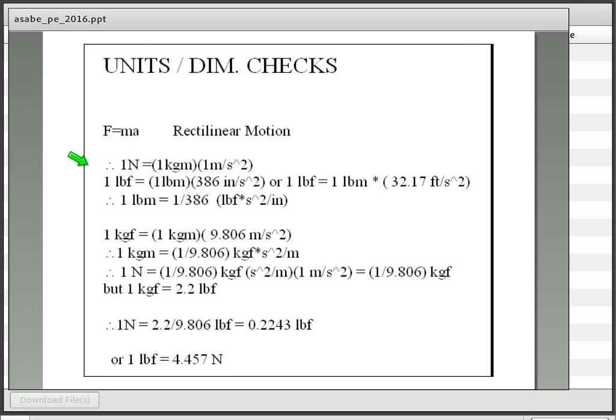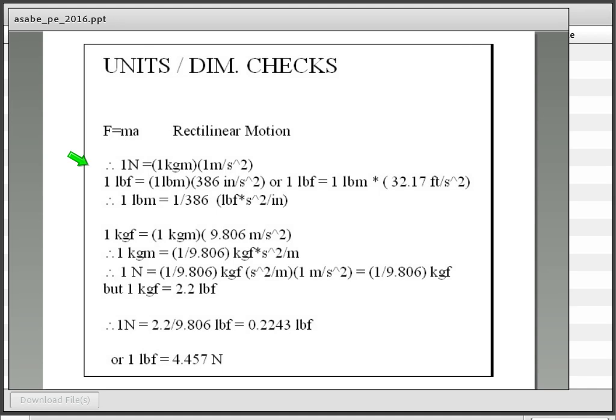So basically what would come out of this, if you had an equation where you were dealing with pounds mass, for example, a second order differential equation for vibration, where you had mass times acceleration, but you wanted all your units throughout the thing to come out in terms of pounds force, you would then have to, instead of having a 1 pound mass, put in 1 over 386 pounds force second squared per inch in that case.